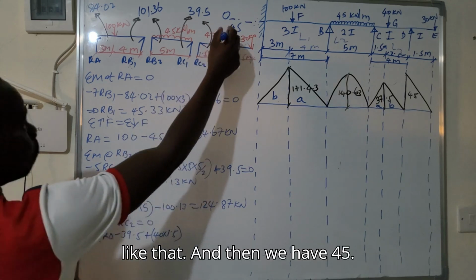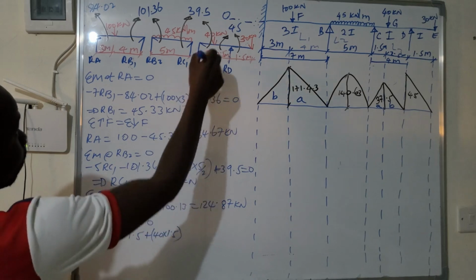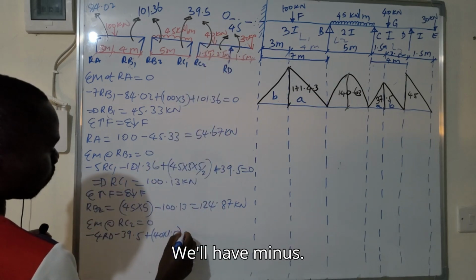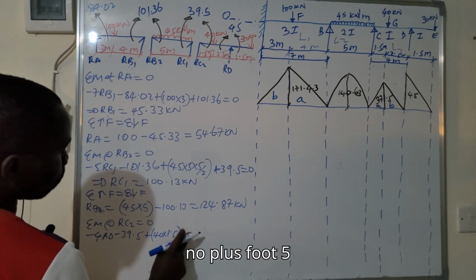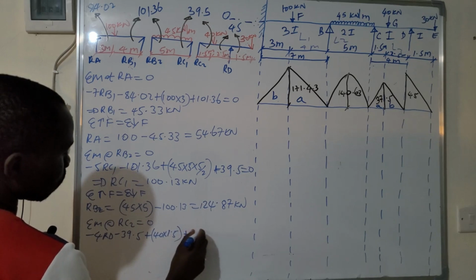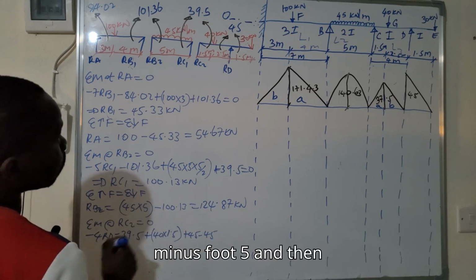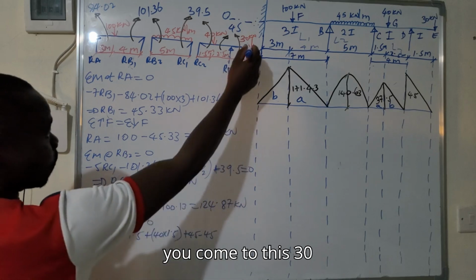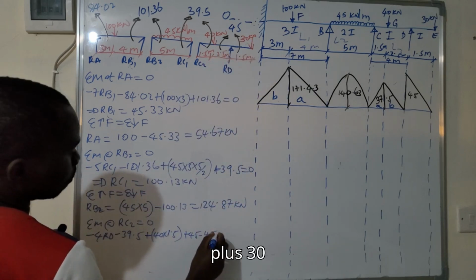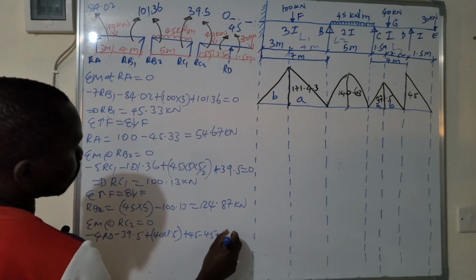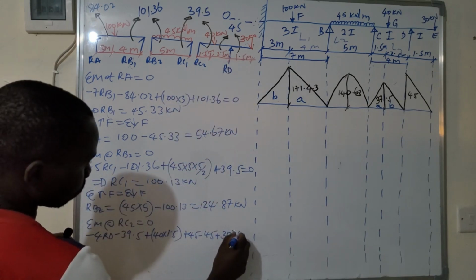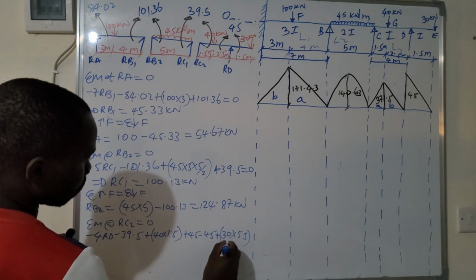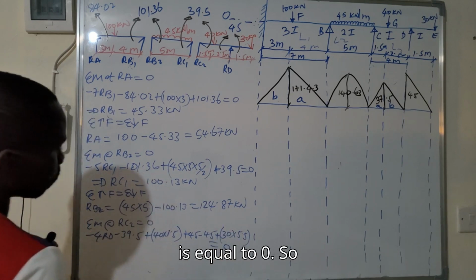And then we have 45, plus 45, minus 45. And then you come to this 30, plus 30 times distance from here to here, 5.5, is equal to 0.